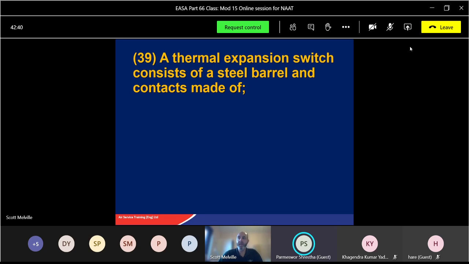Not bimetallic, no. If you picture the steel barrel, inside there's two contacts which come together. Okay, silver. So two contacts. Silver rhodium contacts. Okay, the other type of switch you're thinking of is the Invar and steel. The thermal expansion switch is the silver rhodium. Okay.